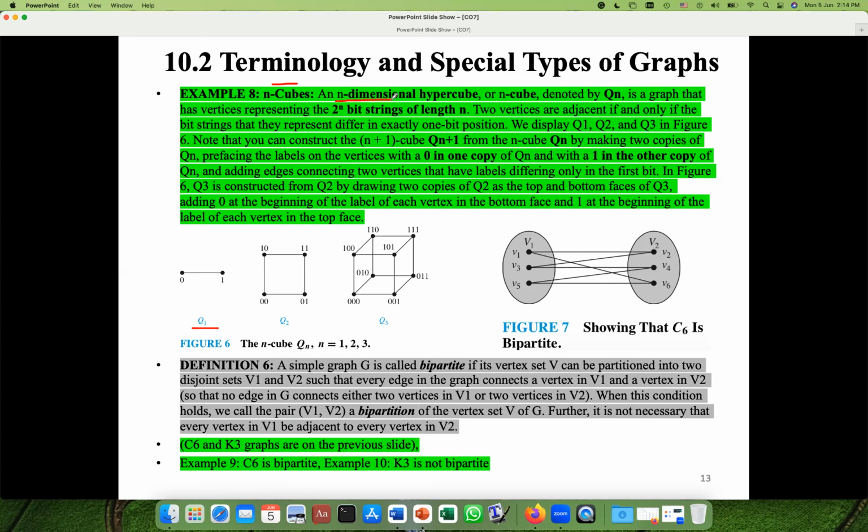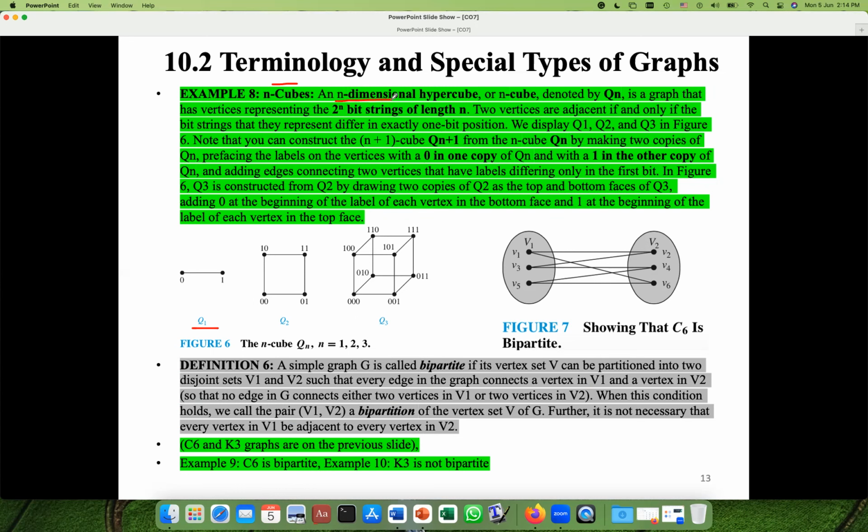For example, in Q1, where n is 1, you will have 2 vertices. Similarly, for 2, you will have 4 vertices. For 3, you will have 8 vertices.